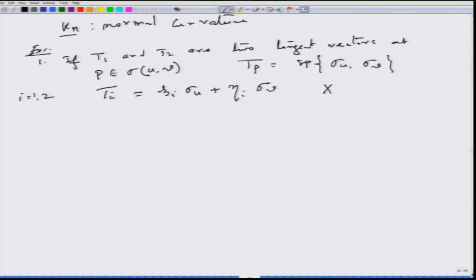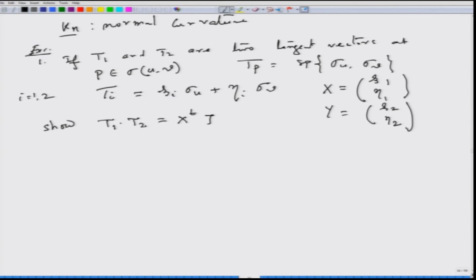Let us take the vector x to be (xi_1, eta_1) and y to be the vector (xi_2, eta_2). Then show T1 dot T2 is actually x transpose F1 y.